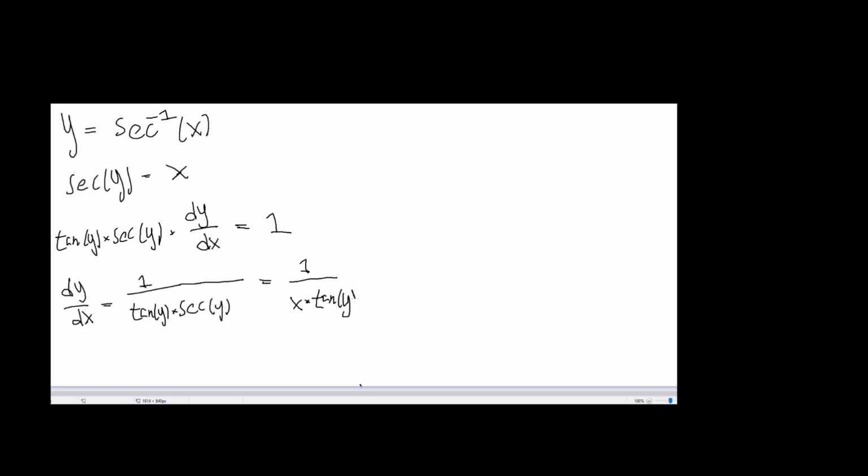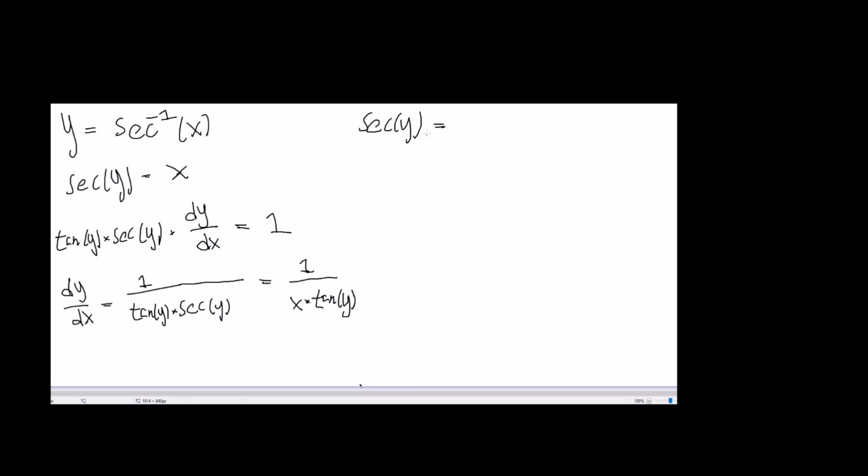Well, how can we solve for tangent of y then? I think this will be easier if I just draw a shape. We know that secant of y is just secant of an angle, since y is the inverse of secant of x, and all inverses of trigonometric functions of course always correspond to some angle.